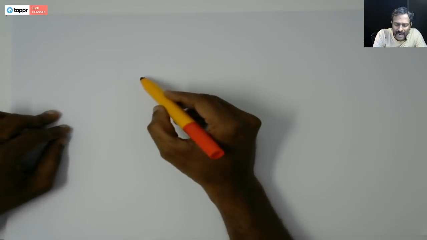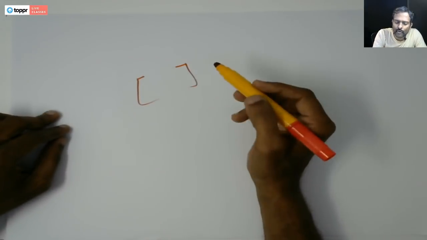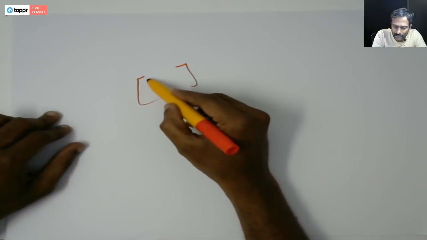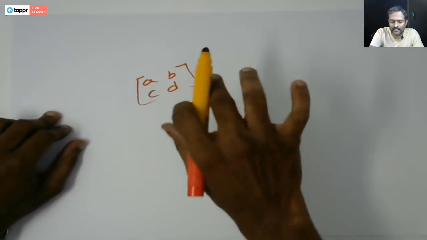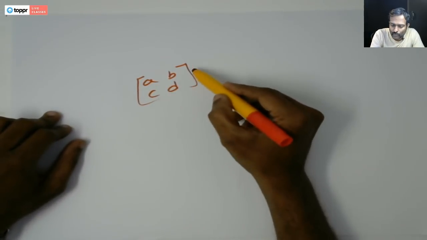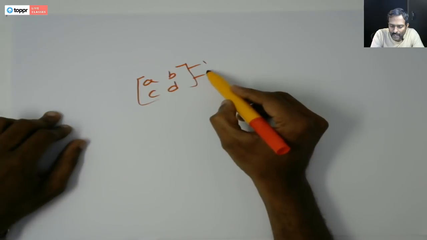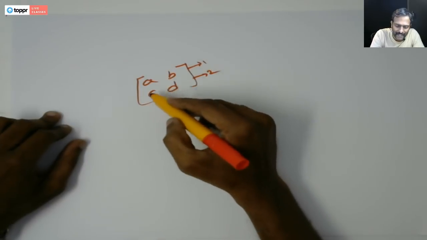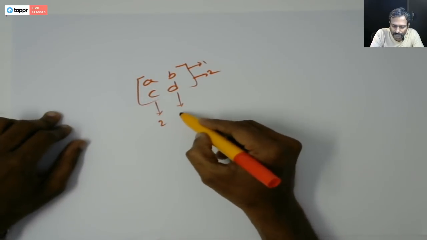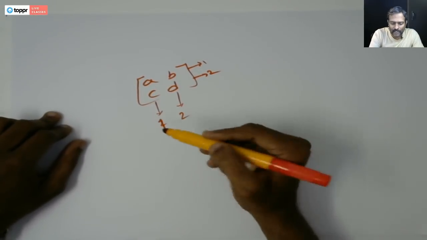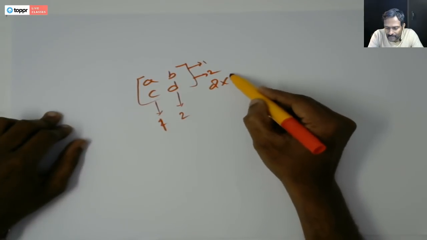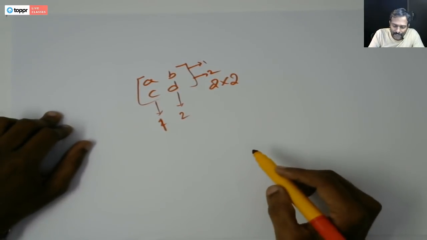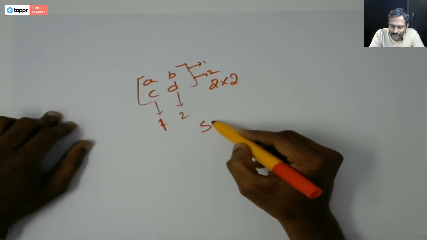Suppose in a matrix the number of rows and the number of columns are equal, say A, B and C, D. These are the elements of the matrix, where we have 2 rows, 1 and 2, and 2 columns. Now the rows and columns of this matrix are equal. The order of the matrix is 2 by 2. So this type of matrix is called a square matrix.